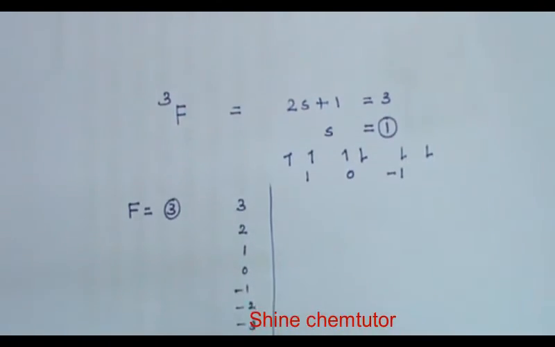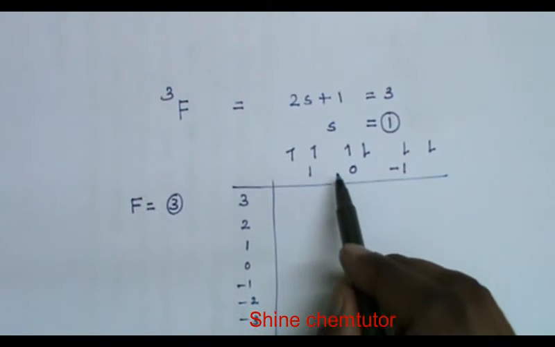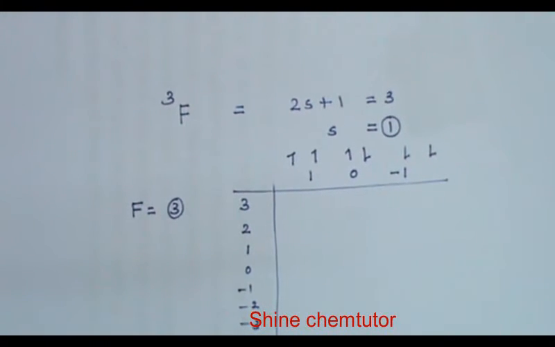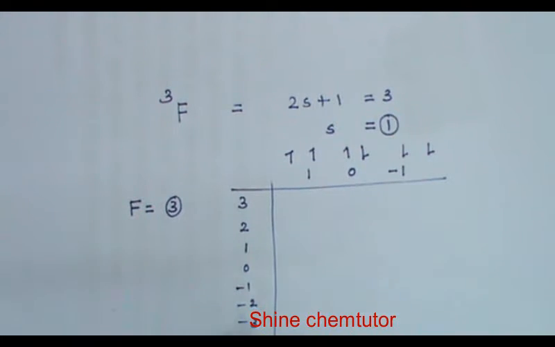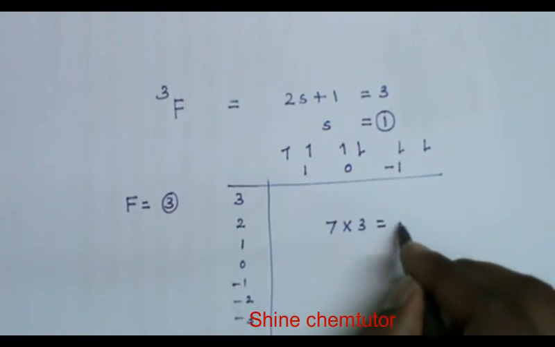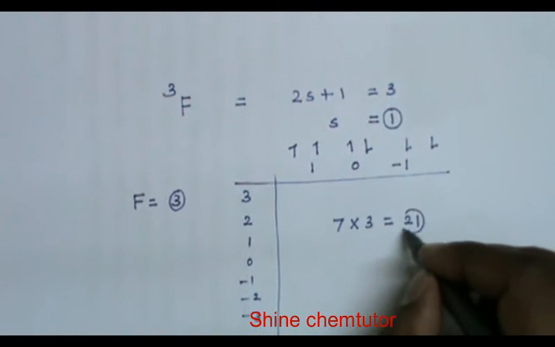Now I have 3 columns and 7 rows. Just I multiply that. That many microstates are possible for this particular term. So the answer is 21.